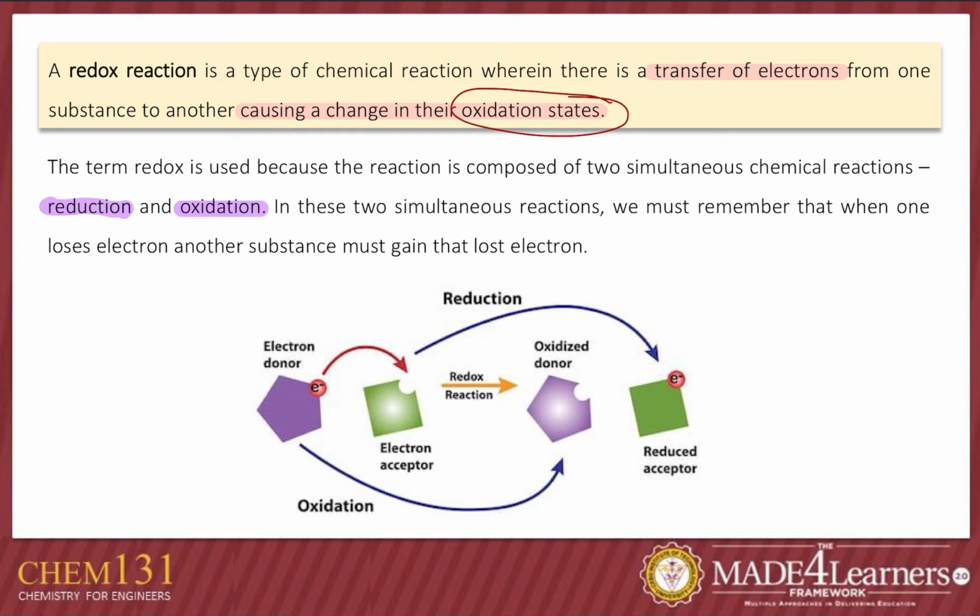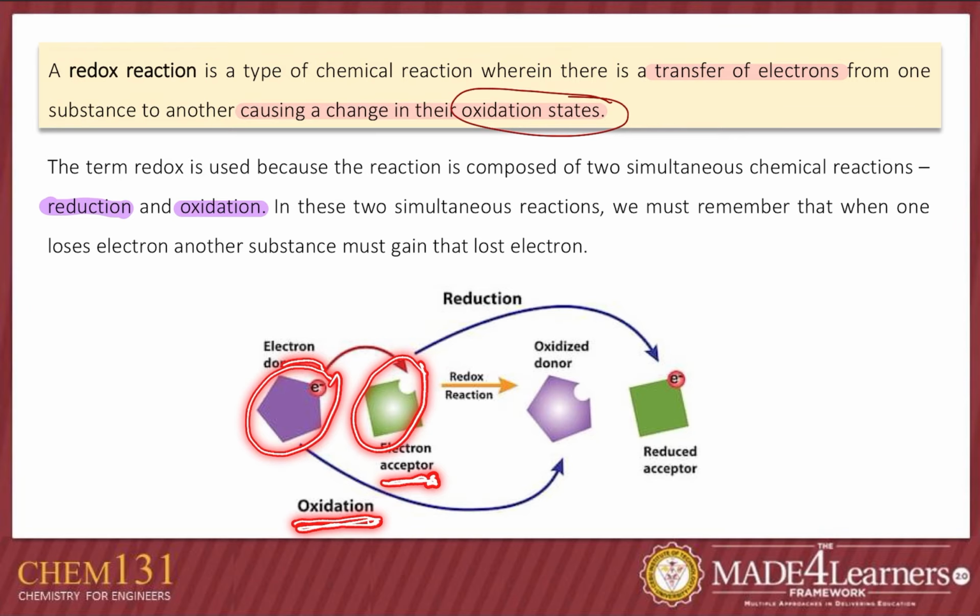So the substance that gives an electron is said to have undergone oxidation. It is oxidized. And the substance that received an electron is said to be reduced. It has undergone reduction, meaning it has been reduced.